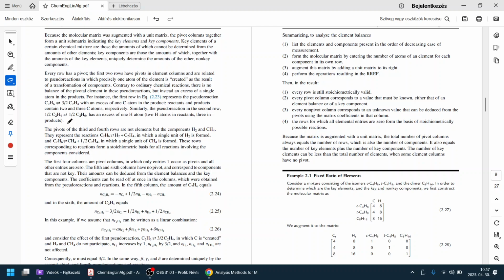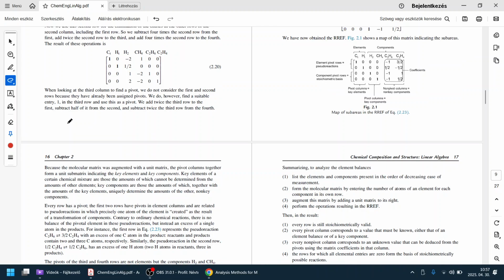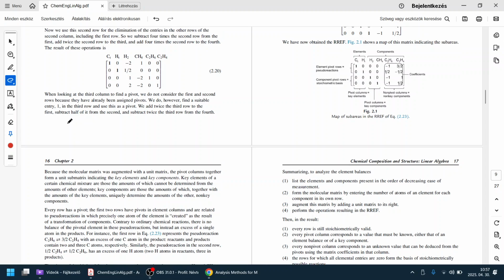Also we have the same. The problem is that I don't really understand this. So why do you have a half hydrogen?